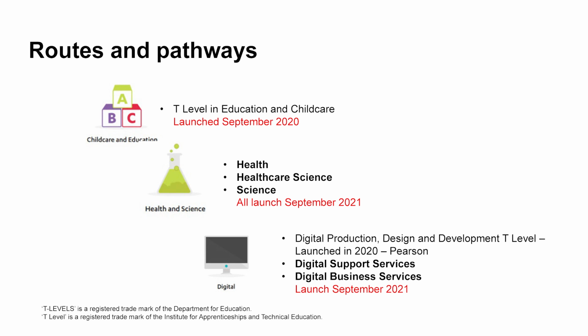The digital route has 3 pathways, the first of which is digital production, design and development. This pathway has been delivered by Pearson, and centres went live with this in September 2020. The other 2 pathways, digital support services and digital business services, are licensed to NCFE and will commence delivery in September 2021.